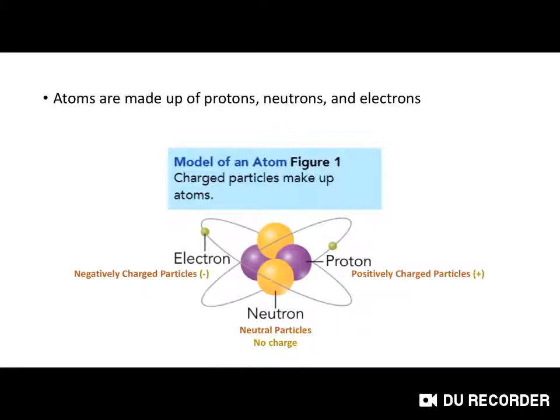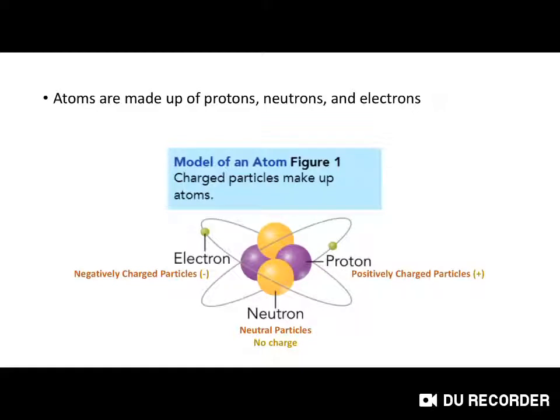Atoms are made up of protons, neutrons, and electrons. As you can see from figure 1 in your book, this is a model of an atom. It is charged particles that make up atoms. For example, we have protons, the purple ones, which are positively charged particles.